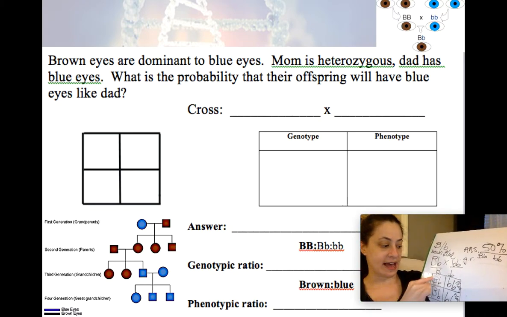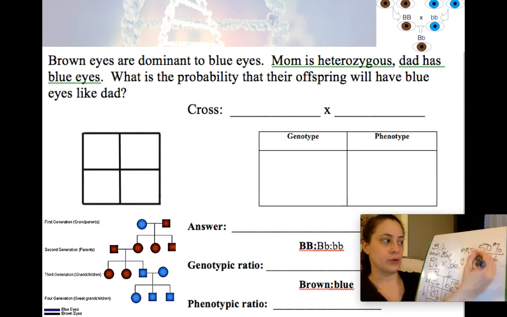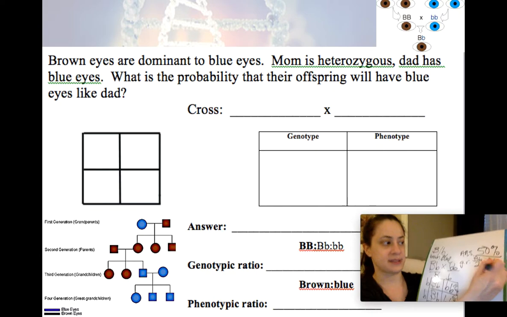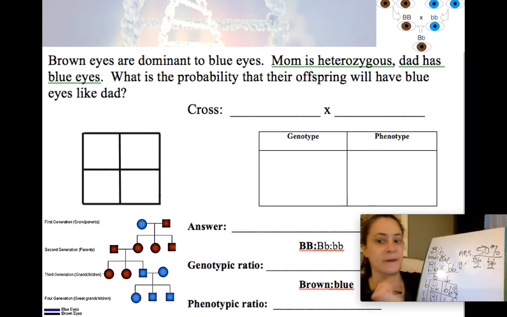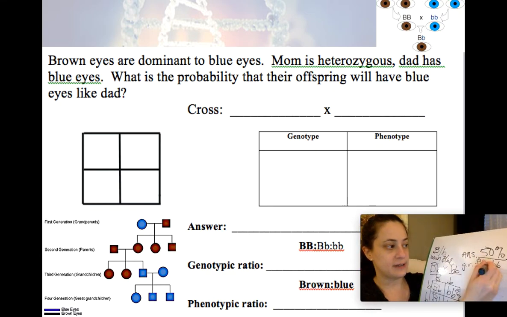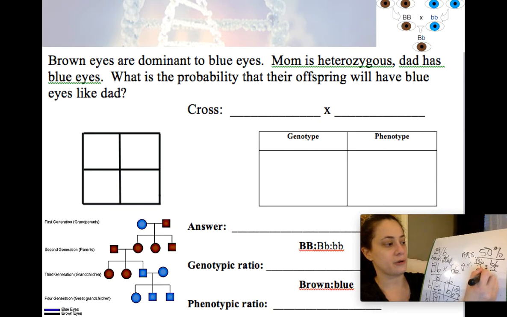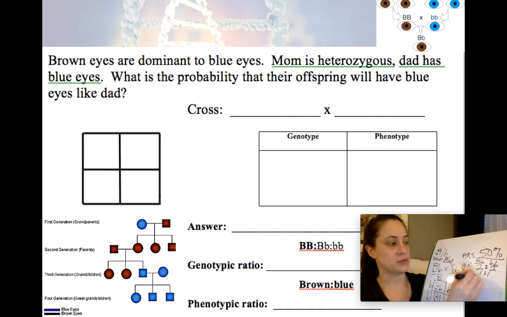So we have 1, 2 heterozygotes, which are capital B, lowercase b, and 2 homozygous recessives, lowercase b, lowercase b. You could leave the genotypic ratio as is, which is 2 to 2, or you may reduce it further, which is 1 to 1. Either is acceptable, but ultimately the answer is 1 to 1.